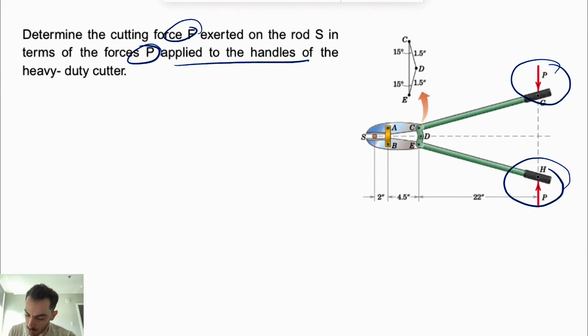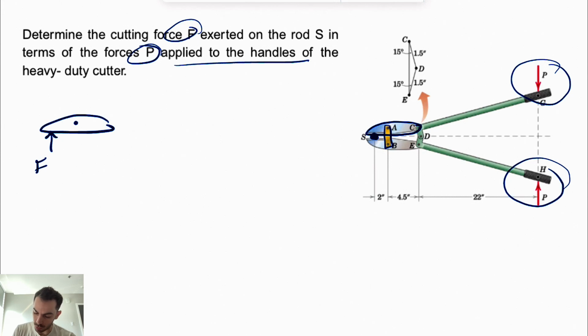So, let's start with the jaw part of this cutter. We're going to have the force F that is exerted on the rod S. At point A, we have a two-force member AB.